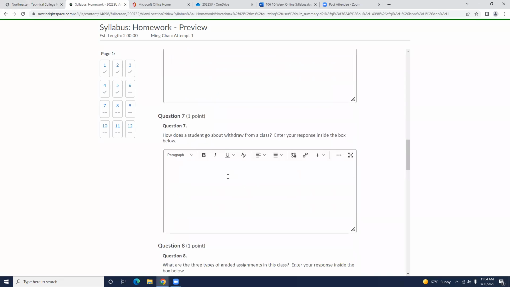How does a student go about withdrawing from a class? There are 3 ways. Number 1, contact student services at 843-921-6900.